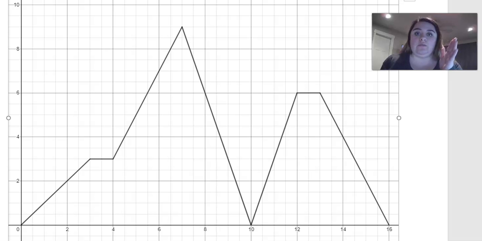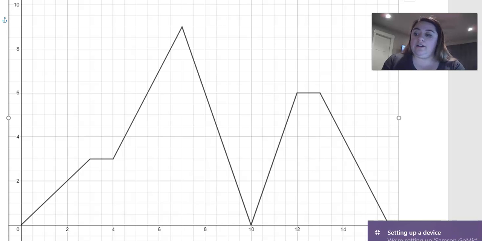Let's start with domain. What is the domain of our function? Okay, well, let's take a look. The domain is the set of inputs that we have, or our x values that we use on a graph. So if I'm looking on my graph here, I have a starting point right here at 0 on the x-axis.